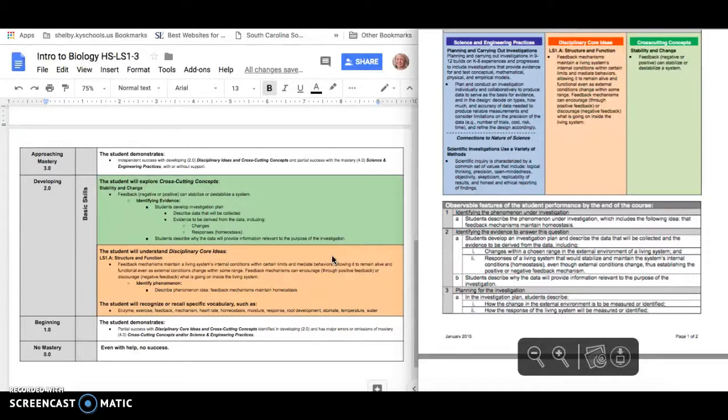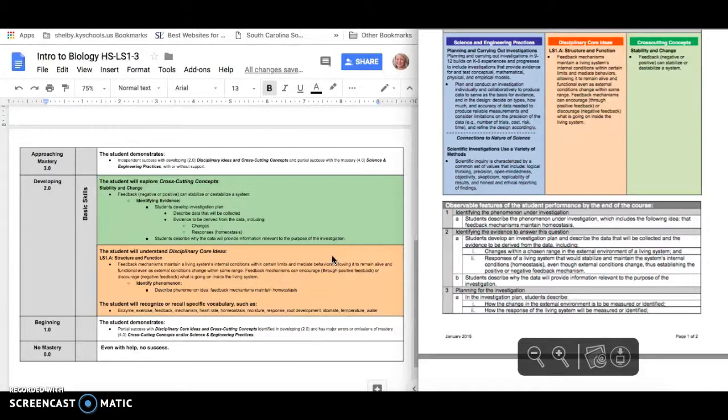I'm identifying the phenomenon under investigation, which includes feedback mechanisms maintain homeostasis. All I'm doing here is identifying and describing the phenomenon. I don't have to do anything other than identify it. So that's putting me in DCI land.